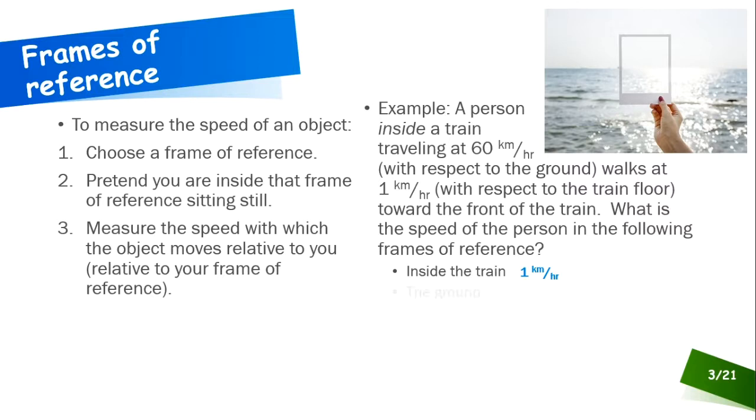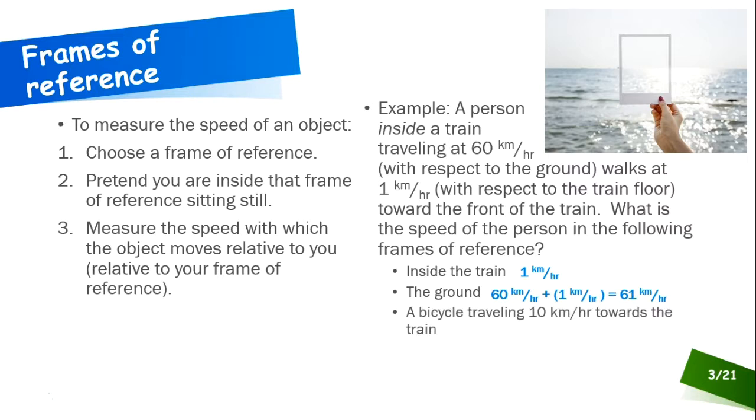But if we shift our frame of reference to the ground, well, now the person inside the train is going to appear to be moving at a rate of 61 kilometers per hour. The train is moving at 60 kilometers per hour with respect to the ground, and then you add in the 1 kilometer per hour with respect to the train floor. So the person inside the train is going to be observed to move at 61 kilometers per hour.